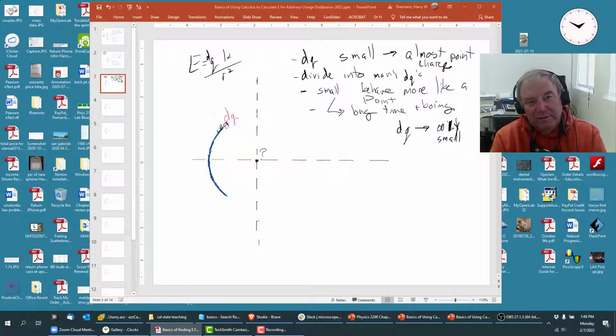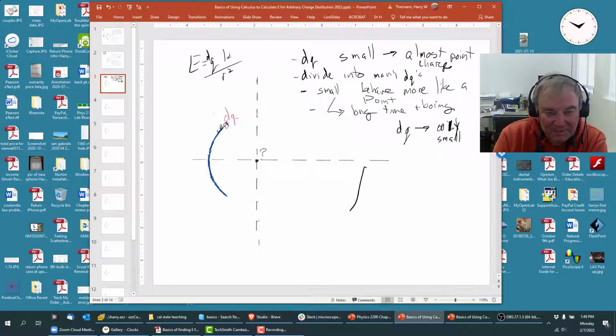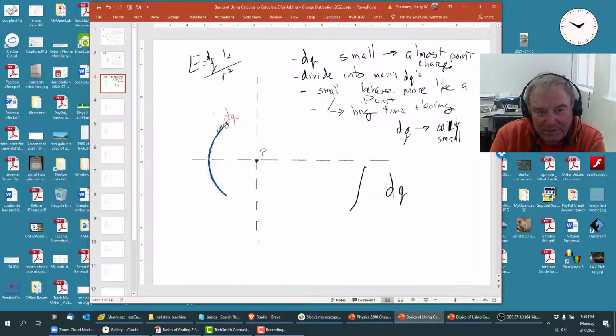Now, of course, this is all well and good, but we also know it's a little bit more complicated than that. And yeah, there's going to be a k. There's going to be 1 over r squared. And, okay, now what would be the limits of integration?